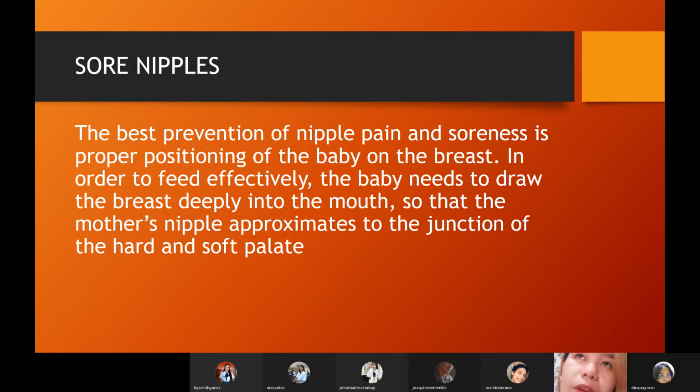So we can also prevent nipple pain if mothers have knowledge of how to properly position the baby on the breast.